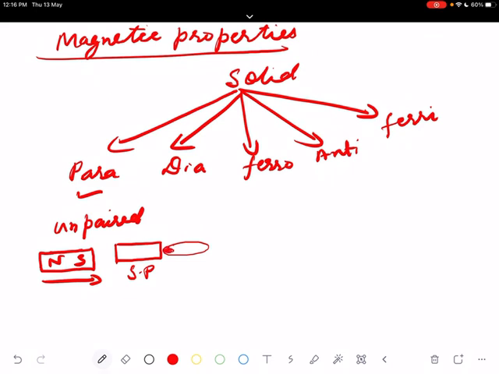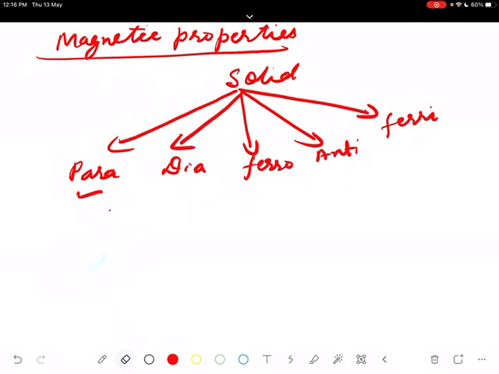So they lose their magnetism when the magnetic field is removed. Example, Cu2+, Fe3+, etc. So paramagnetism, that is a weak magnetism, is due to the unpaired electrons.